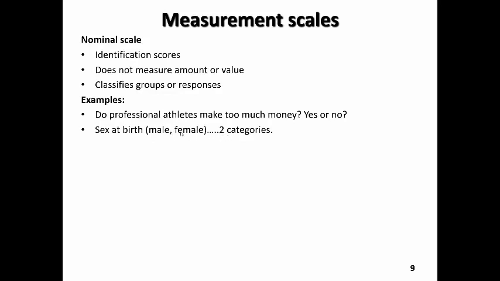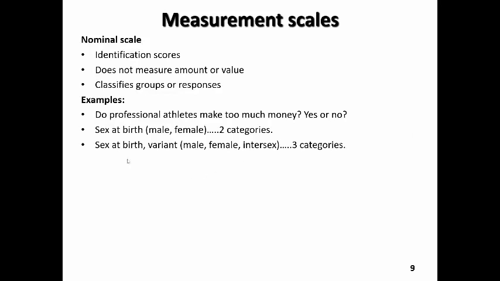And so once again here, what we see is that one is no more valuable than the other, and there is no measurement of the amount here, but we're just simply classifying sex at birth with two categories.